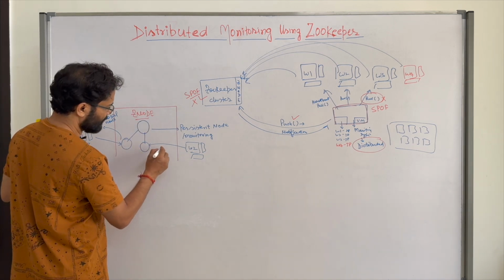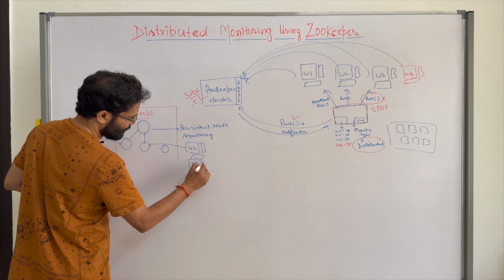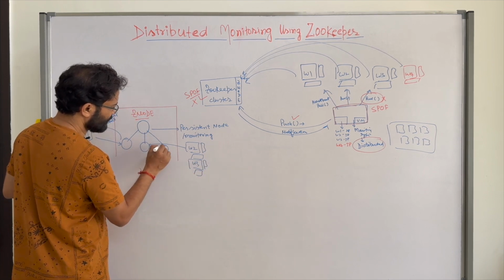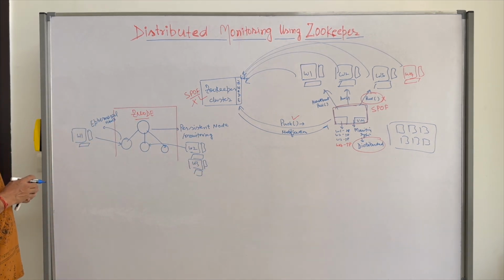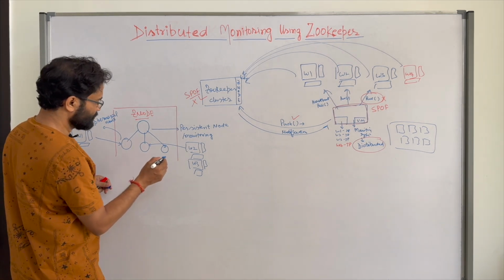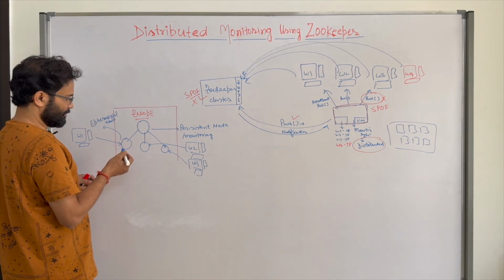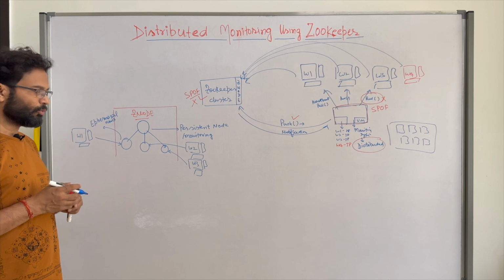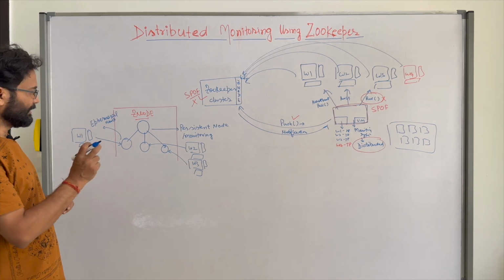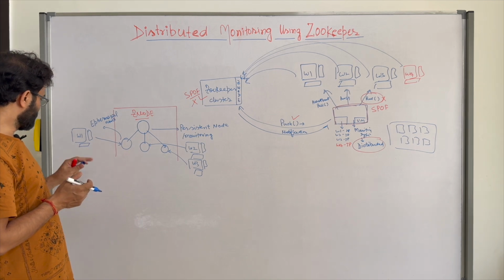If any third worker node is coming, they will create one ephemeral node. And you know the meaning of the ephemeral node. You can give any name, or you can use the IP address. The name of the node would be the IP address of the worker node.